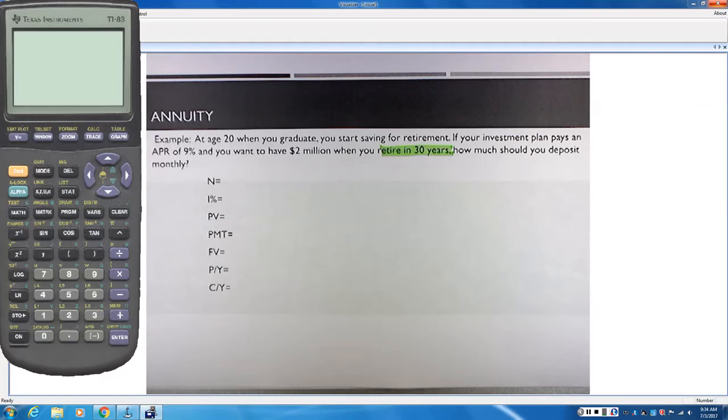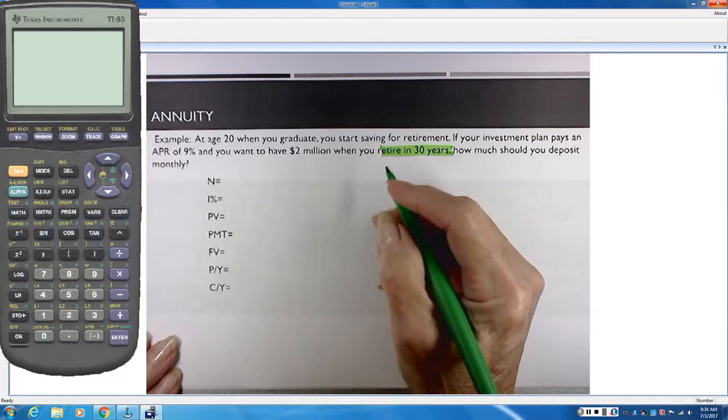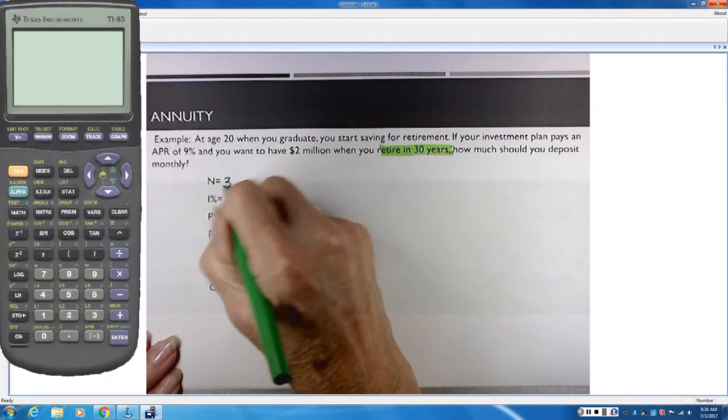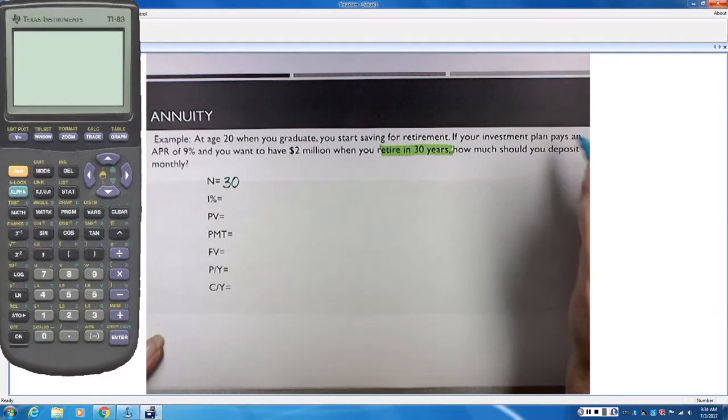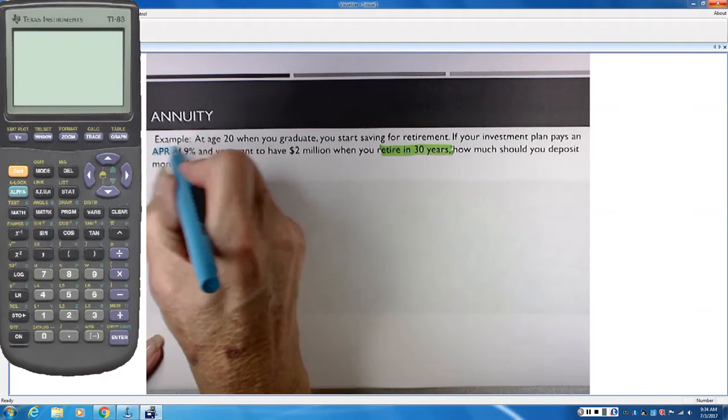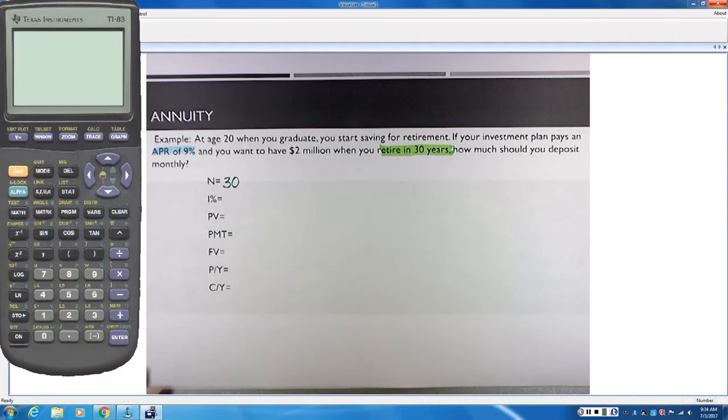How long is your money going to be put in the bank? 30 years. How often is it going to be compounded? It says an APR of 9%, but I'm going to deposit once a month.